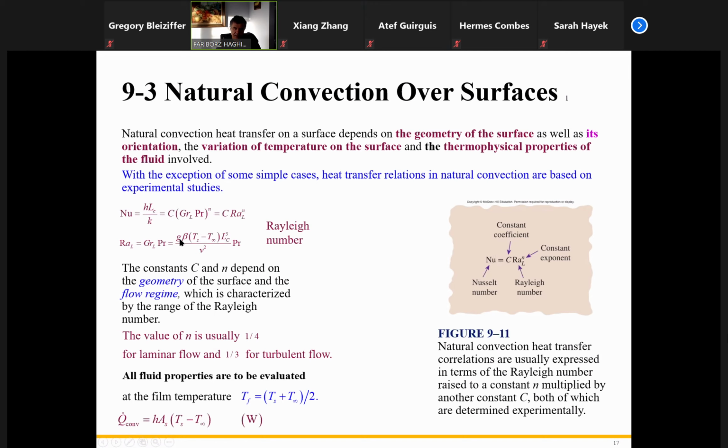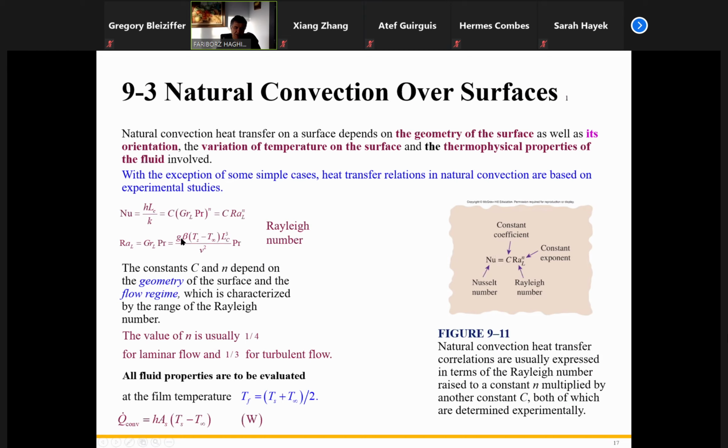9.8. This has to be, I made a mistake. This has to be in Kelvin. It means 30 plus 273, okay? Therefore, this is 1 over 30 plus 273, 303, okay?